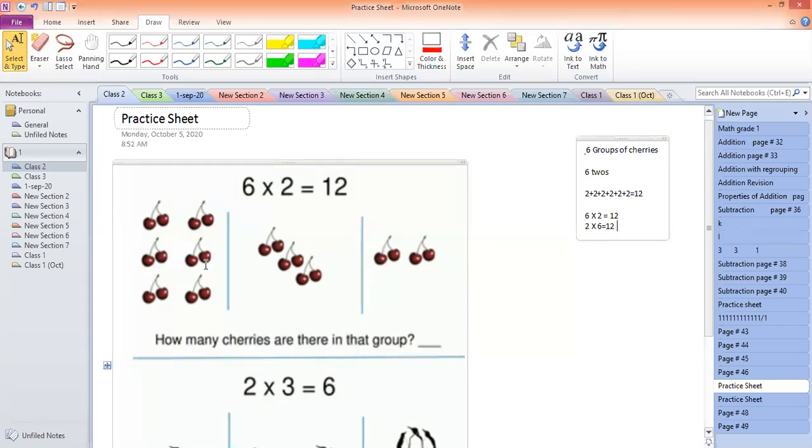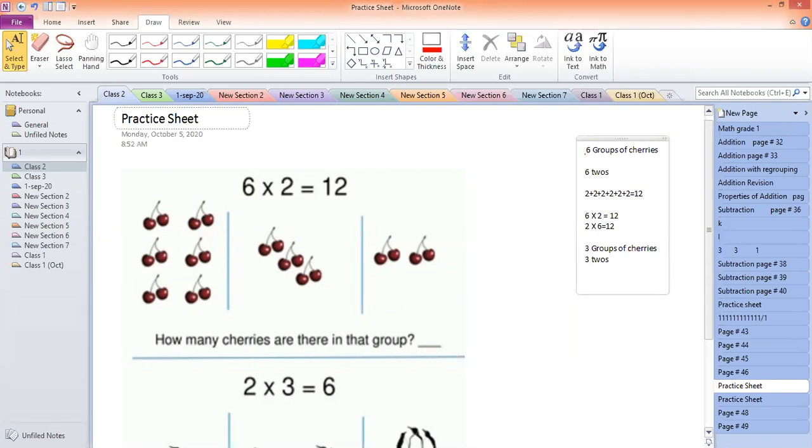Come to this. If I ask you how many total cherries are there, you can say, sir, there are 3 groups of cherries. Or you can say there are 3 twos. Or how can you find it?